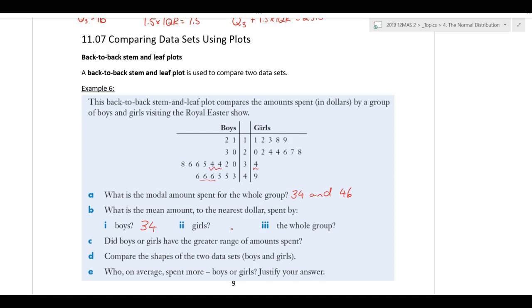Compare the shapes. Well, I guess we're likely to say that for the boys we would say that is negatively skewed. And for the girls, positively skewed, right? Because there are more scores on the positive side of the mode for the girls, where it's the most.